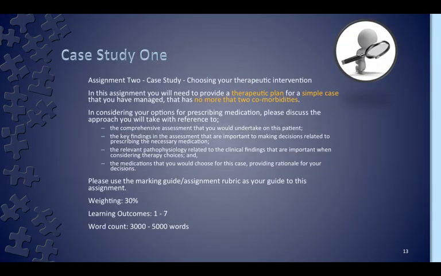So having gone through all of that, case study 1 draws in everything that I've talked about now, because now you're going to take this patient and you're going to tell us about this therapeutic plan that you're going to develop for this patient, and what you're going to do and how you're going to do it.